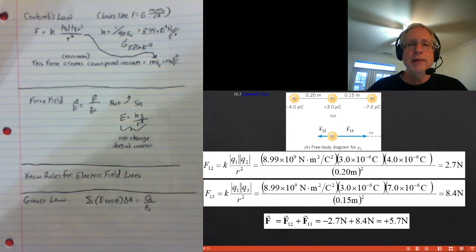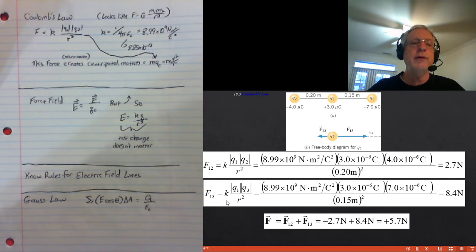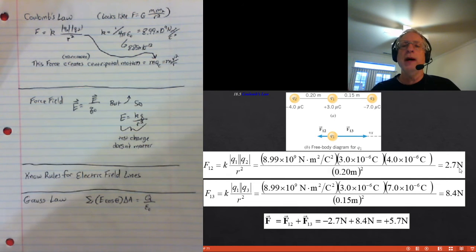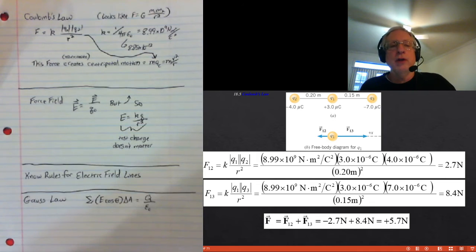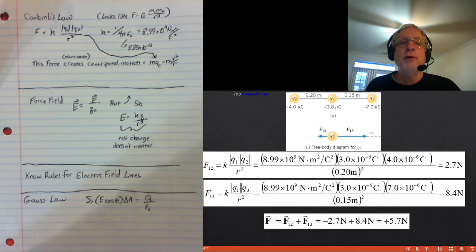Guess what's going to happen when I take them out of line? Force 1,2 is k q q over r squared, and force 1,3 is k q q over r squared. Force 1,2 will be 2.7 newtons, and because of the positive and negative charges, that will be to the left. Force 1,3 will be to the right. I add those together and I get positive 5.7 newtons.